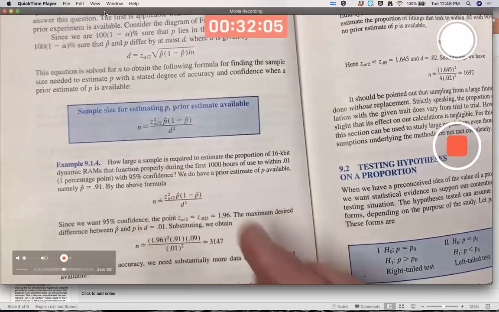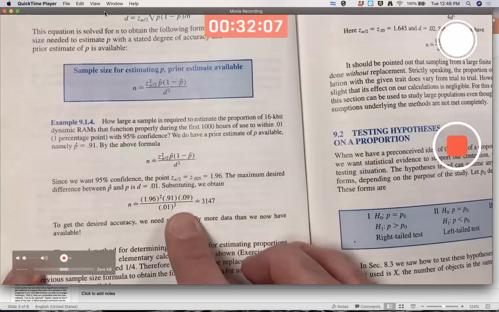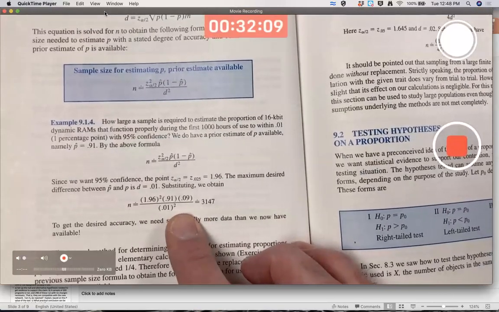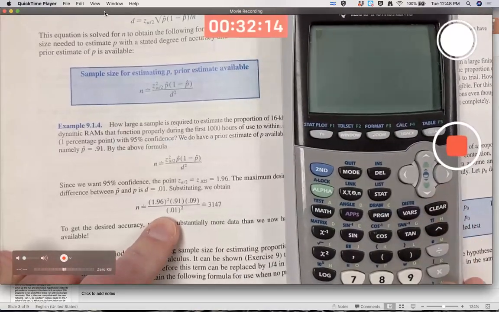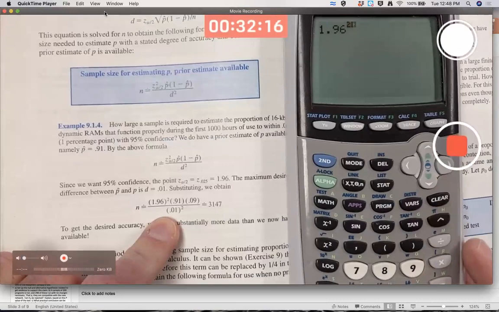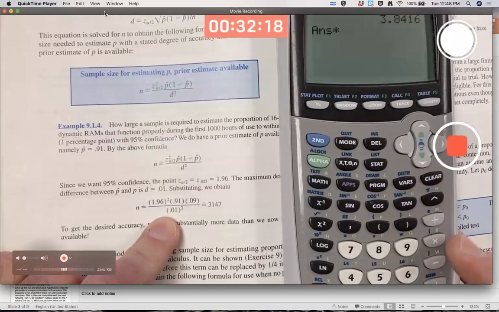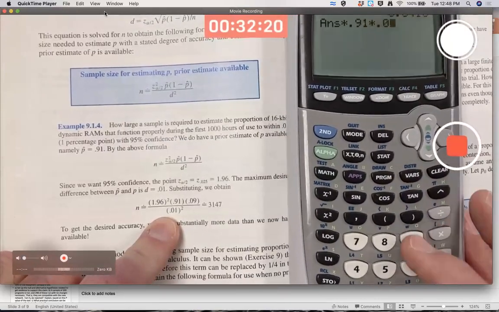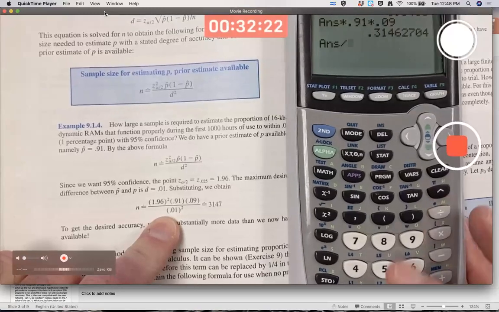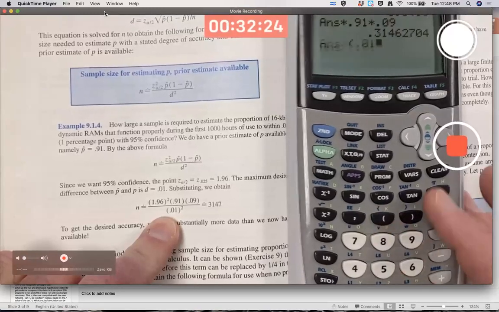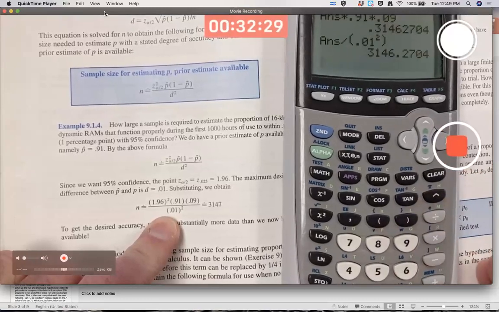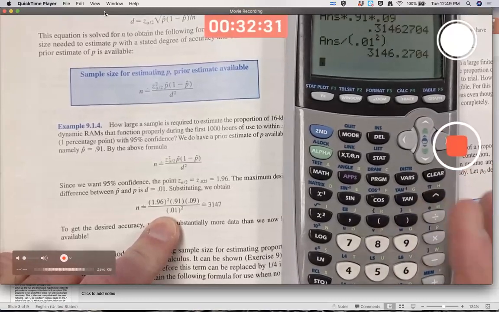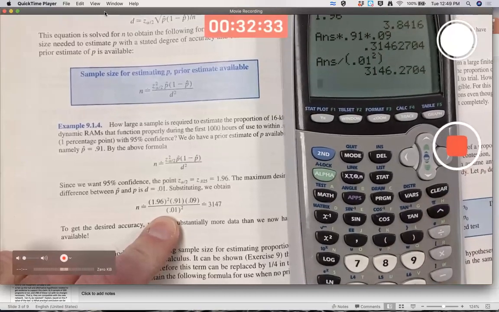Does that happen in this example? I don't know. I didn't plug this in my calculator. I suppose you could. 1.96 squared times 0.91 times 0.09 divided by 0.01 squared. Okay, it does happen. And yeah, they did round up, 3147.